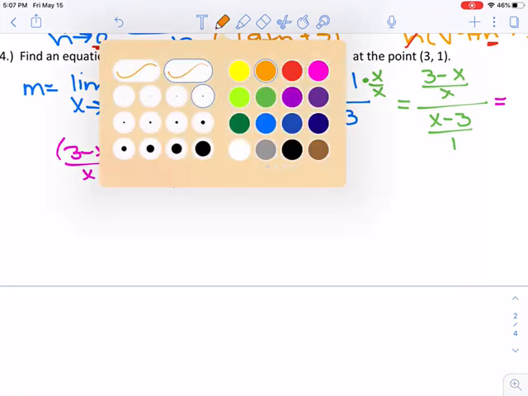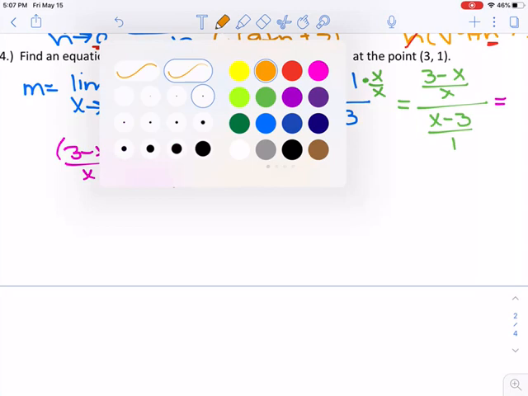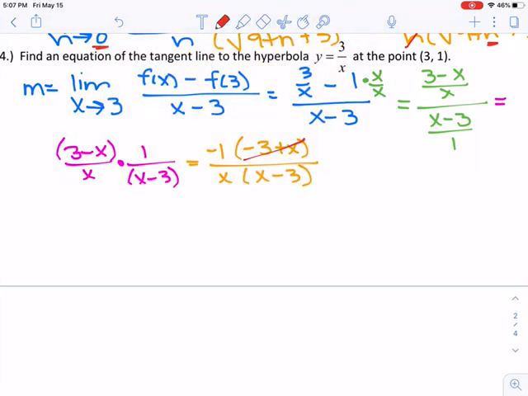So let's factor out a negative 1 out of our numerator, and that's going to give me a negative, x minus 3, over x times x minus 3. So I can see that my x minus 3's are going to cancel, and remember that we were finding the limit as x approaches 3, so I can now plug a 3 in for the x, and I get a slope of negative 1/3.